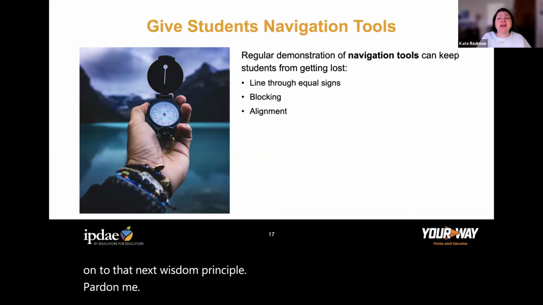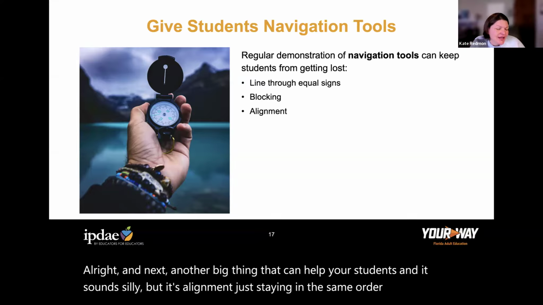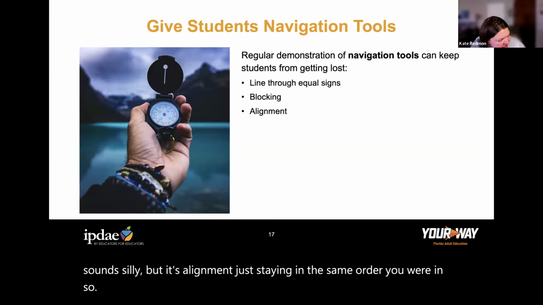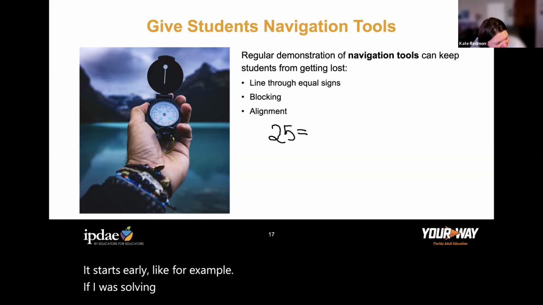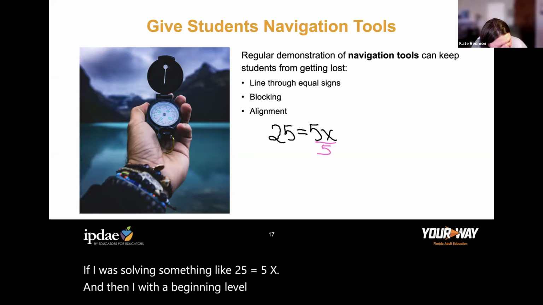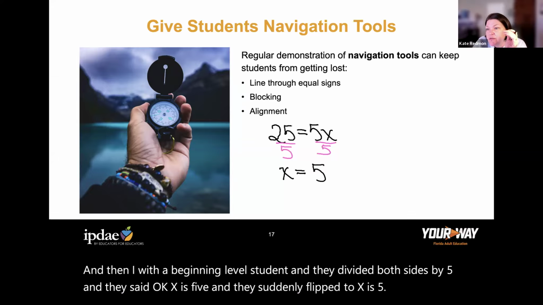Next, another big thing that can help your students, and it sounds silly, but it's alignment. Just staying in the same order you were in. So it starts early. For example, if I was solving something like 25 equals 5x with a beginning level student, and they divided both sides by 5, and they said, okay, x is 5, and they suddenly flipped to 5 equals x, I would actually encourage them not to do that.